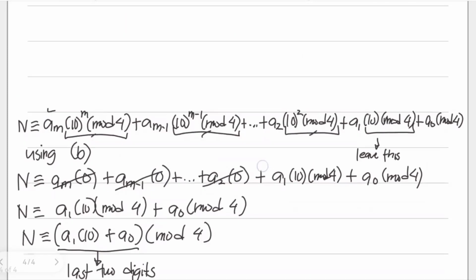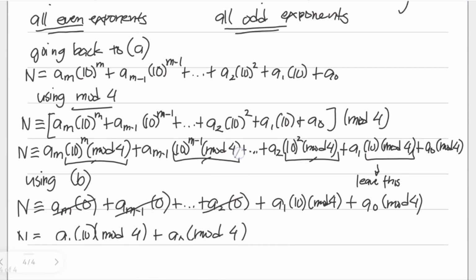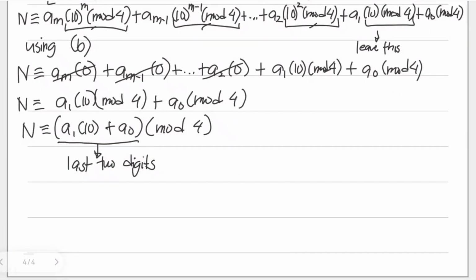Going back earlier here on our A, these are the last 2 digits. So what do we mean by this? Let's say this is C. When is C divisible by 4?